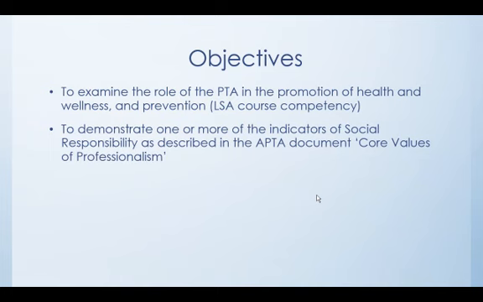The APTA has a document called the Core Values of Professionalism, and one of those core values is that a PT and a PTA should demonstrate social responsibility. And social responsibility then is further described through the objectives A through K that are listed on your paper. So I want to go through those with you so you understand and you can appropriately choose some things you might want to work on through a service learning project.